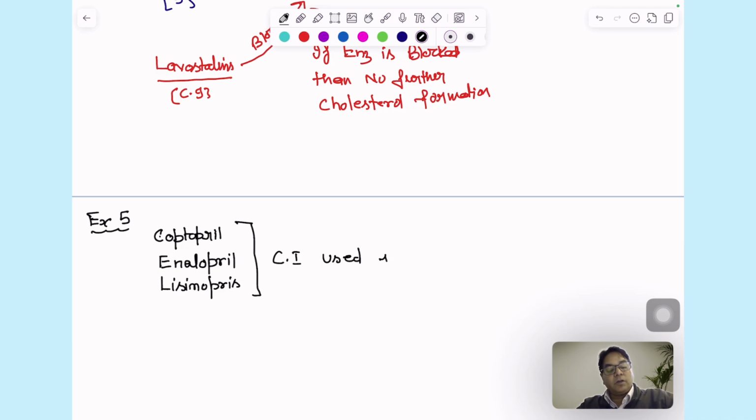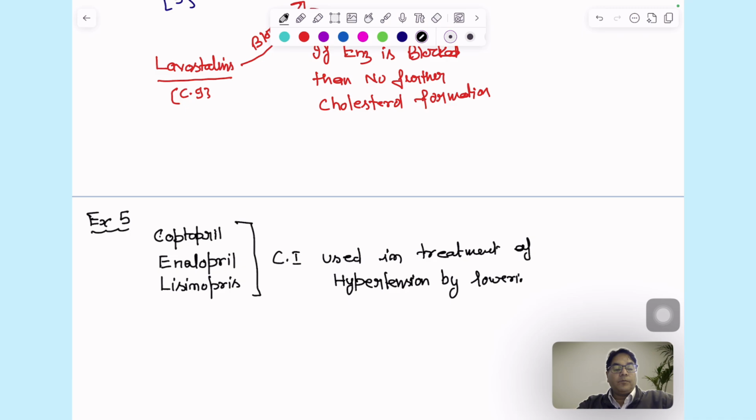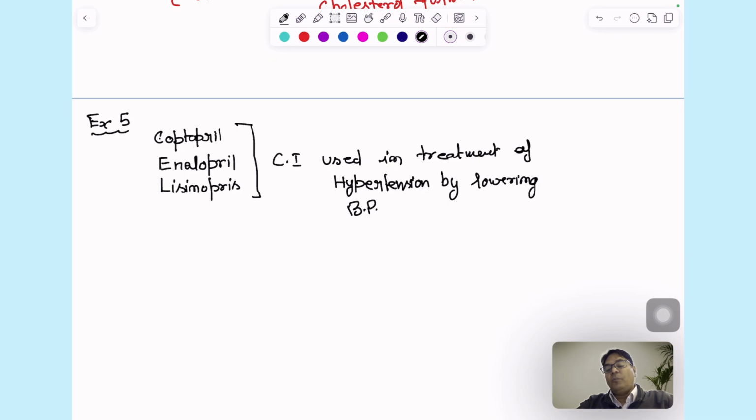They are all used in treatment of hypertension, by lowering the blood pressure. If we have high blood pressure, then it can be lowered by these competitive inhibitors.